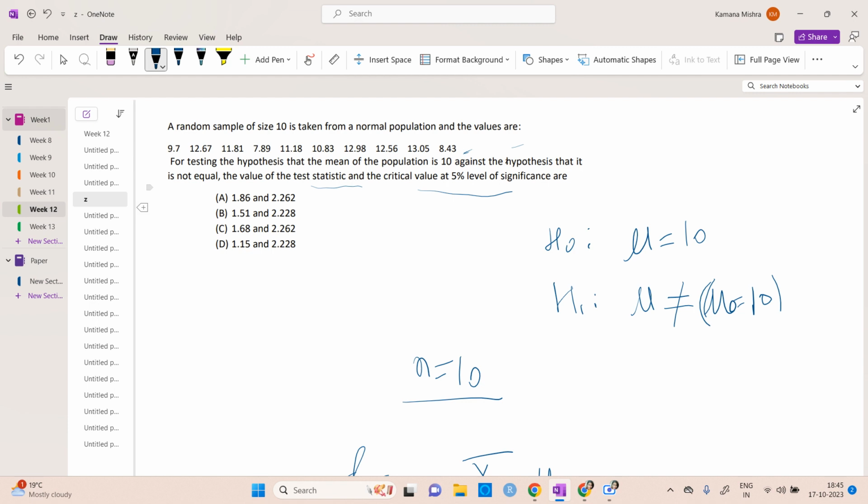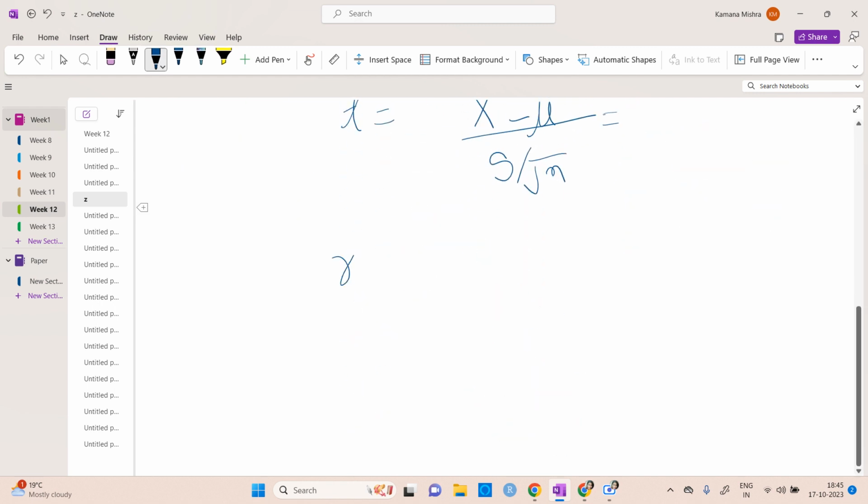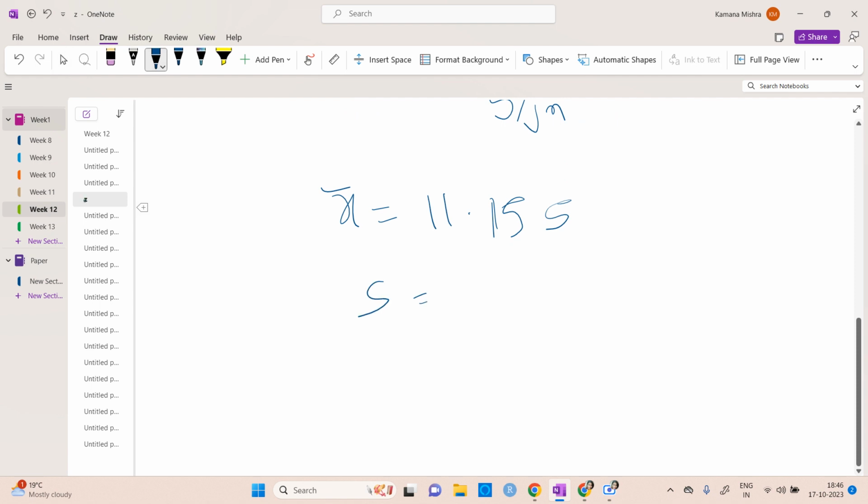So x bar is 11.155, and then s is 1.83. Around this.